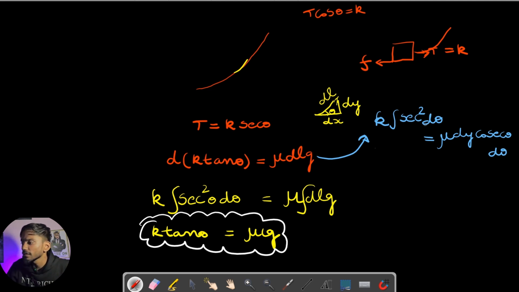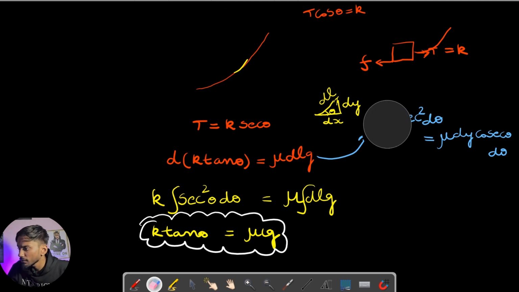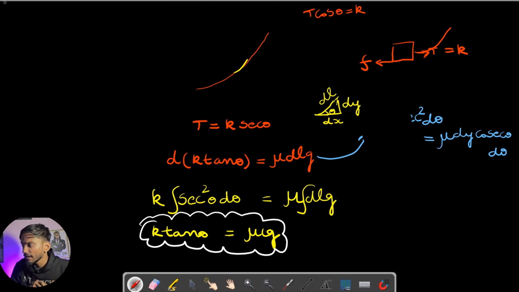Let's remove the integral for some time. We are talking about this portion only. So K times secant square theta d theta is mu into dy into cosecant theta d theta.